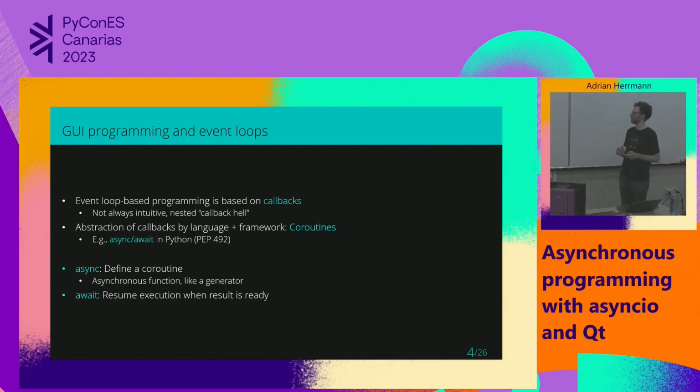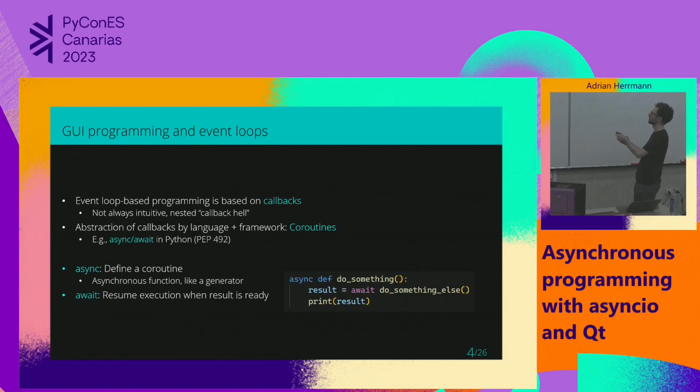The await keyword inside a coroutine tells us that at this point we can yield the execution and resume it when the result of an operation has finished. So in practice, it looks like this, a very simple example. We've got the async def. This is a coroutine, do_something. We know it's a coroutine because of the async keyword. Here we await something else, and this could block.